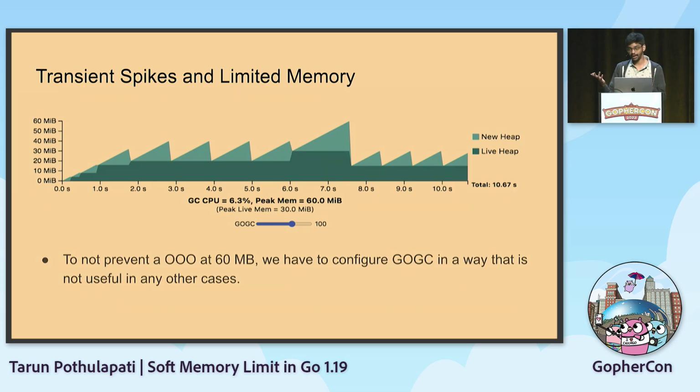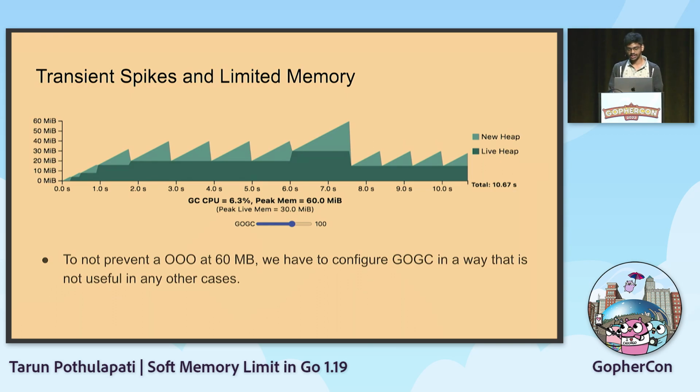And the other crazy aspect to this is, imagine a case where the peak usage is something around 40 MB, your GOGC is 100, and you are in a 60 MB limited environment. Because of the peak case, you can't really set a GOGC value higher than 100, because if you do that, in the peak case your application will be out of memory.